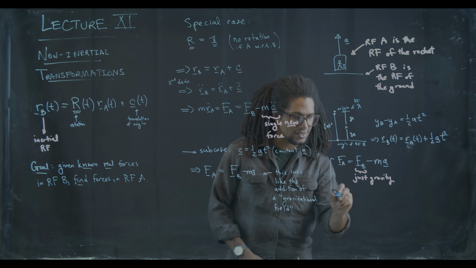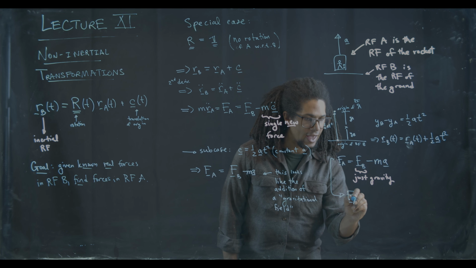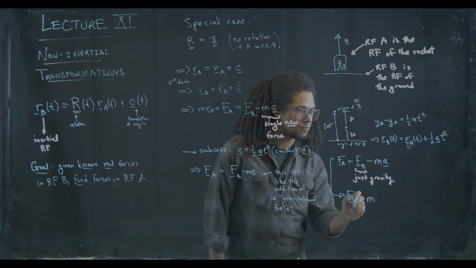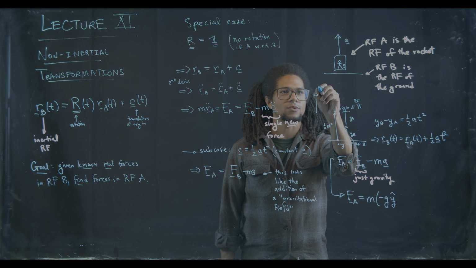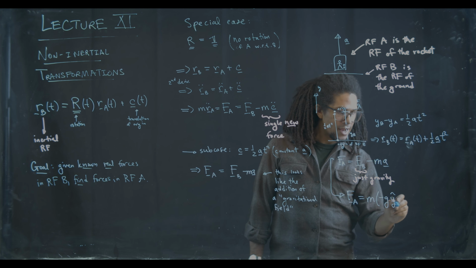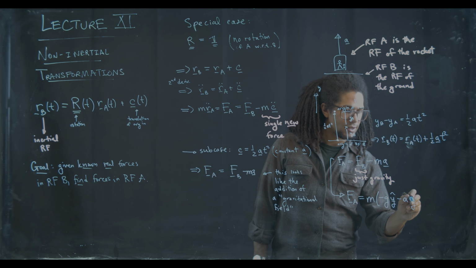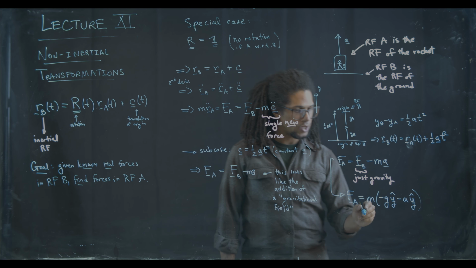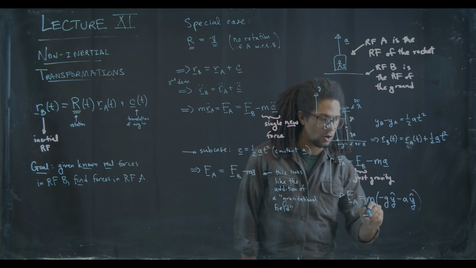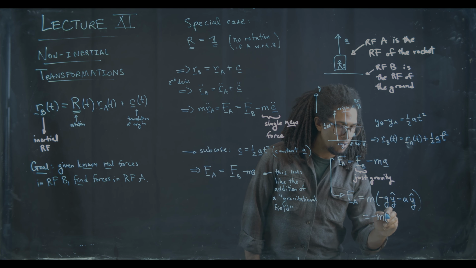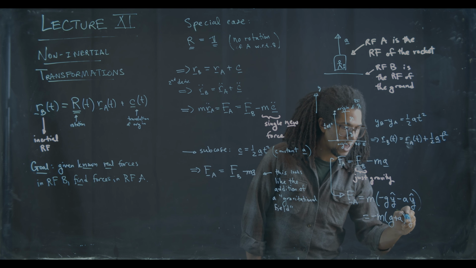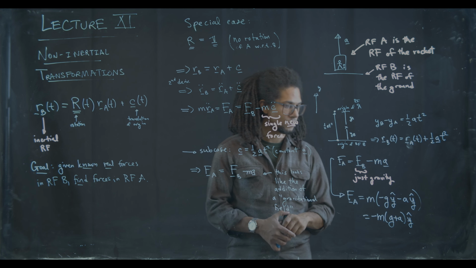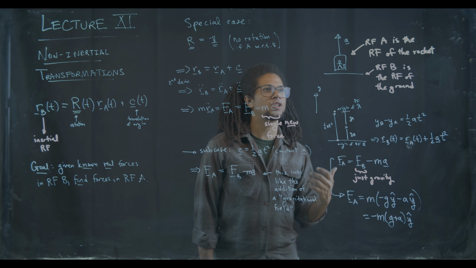And so if that is the case, I have that F_A is equal to m times minus g in the y hat direction, if I'm imagining that this is the y direction, minus a in the y hat direction. So notice that this builds up to a stronger force. Minus m times g plus a in the y hat direction. Good. And that intuitively makes sense.